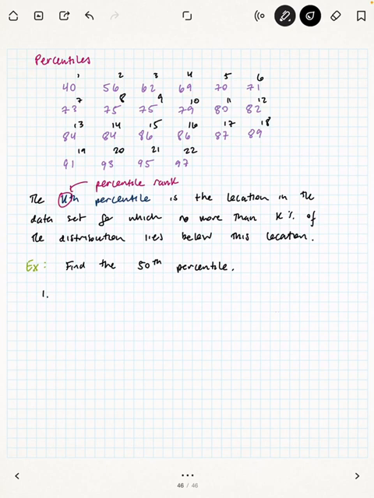First, identify the percentile rank. Our percentile rank, remember, is just the number, the 50, that we put in front of the percentile. Once we have that, we can use the relationship between rank and percentile rank to figure out what the rank must be.